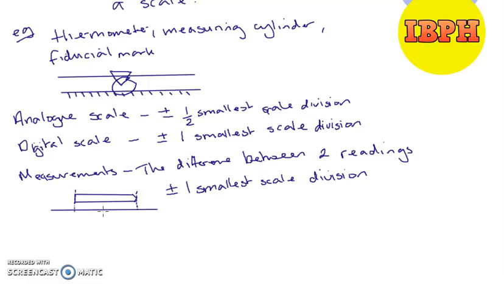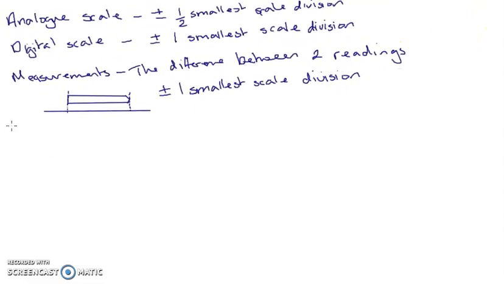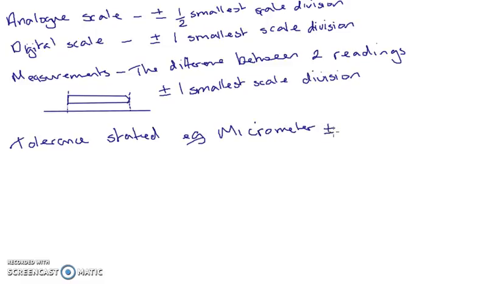If you've got a piece of equipment with a tolerance stated, for example on a micrometer, or at least the ones we have at my college, we have a tolerance stated on the box of plus or minus 0.01 millimeter, and then for our vernier calipers we have a tolerance of plus or minus 0.02 millimeters.